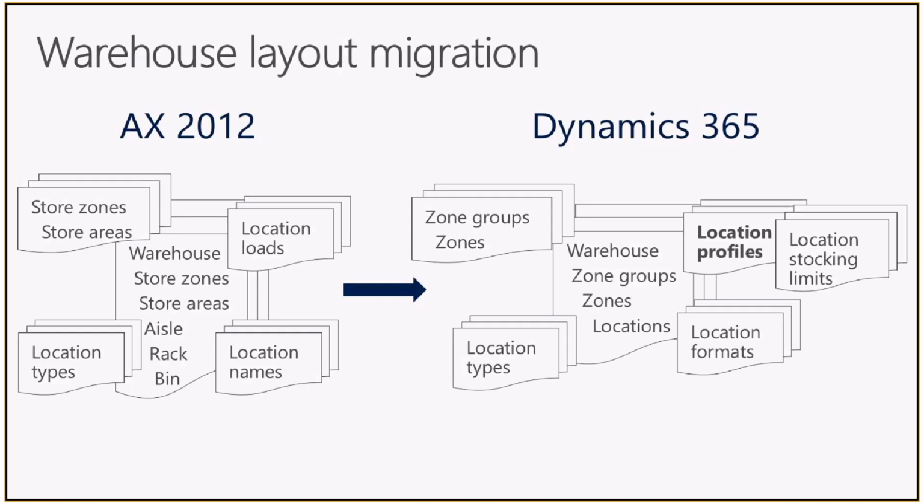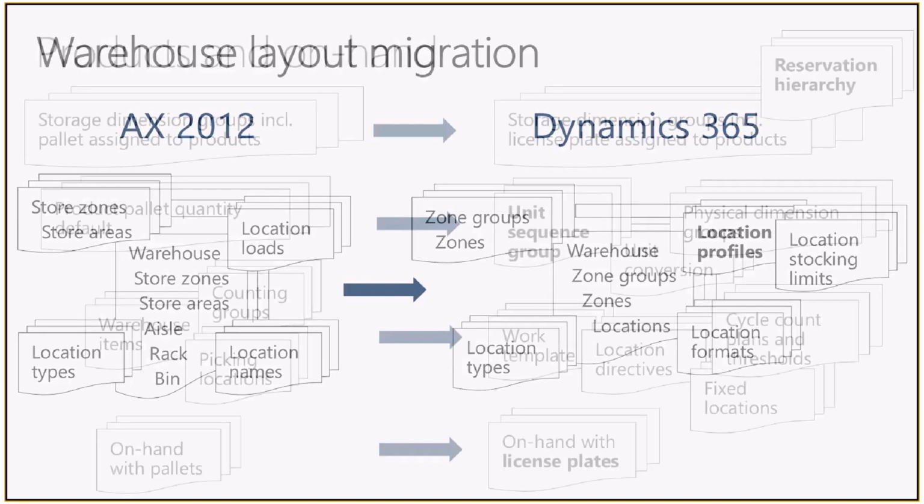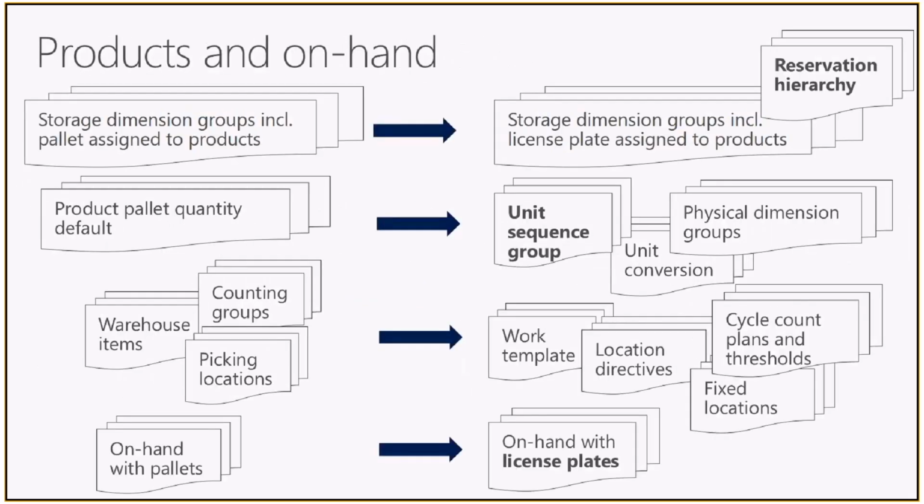So that's the very high level idea about the difference between the AX2012 Warehouse Management 2 and the new Warehouse Management module in Dynamics 365. When it comes to products and the inventory on hand, and obviously all the inventory transactions related to the different products, first and foremost, we need to associate a storage dimension group to a released product.